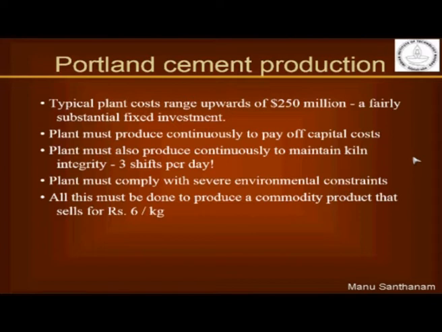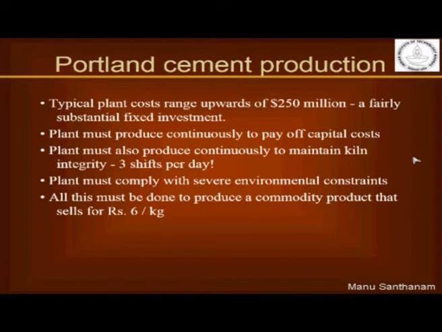Now, if you look at the investment required to put up a cement plant, it's upwards of $250 million. It's a very large investment. And of course, in order to manage this level of investment, you have to produce continuously. The cement has to be produced continuously to pay off the cost that you've spent in installing this capital expenditure.